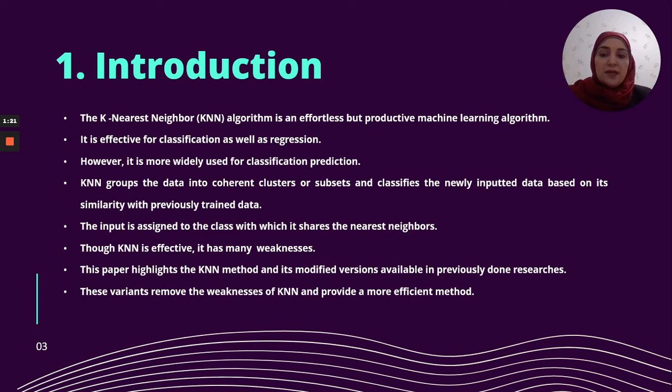The input is assigned to the class with which it shares the nearest neighbor. K-nearest neighbor is effective, but it has many weaknesses. In this paper, we highlight the KNN method and its modified versions available in previously done research.